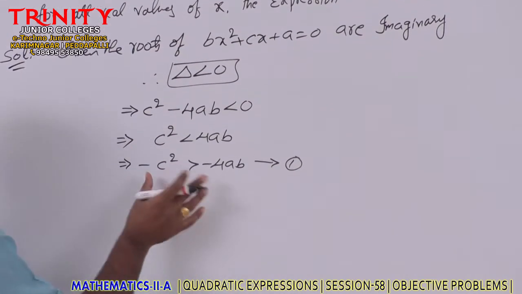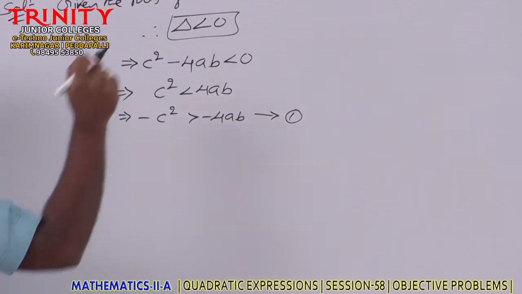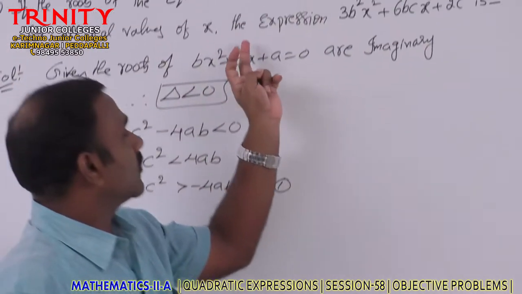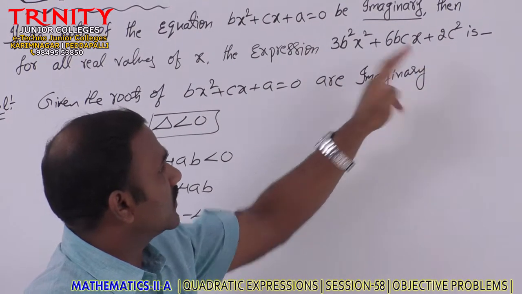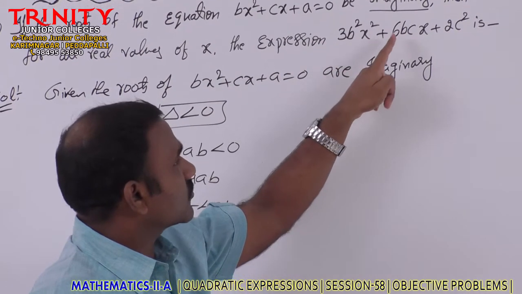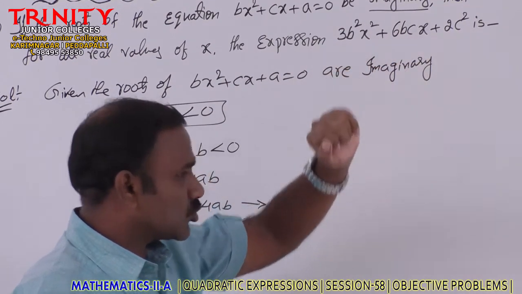Now, by using this condition, we have to calculate the value of the expression 3b square x square plus 6bcx plus 2c square.